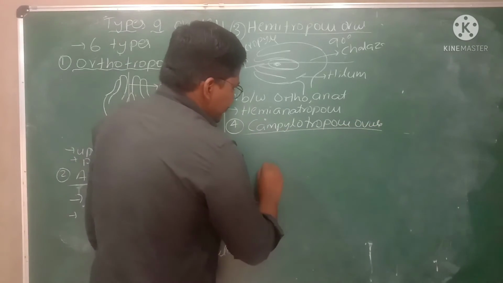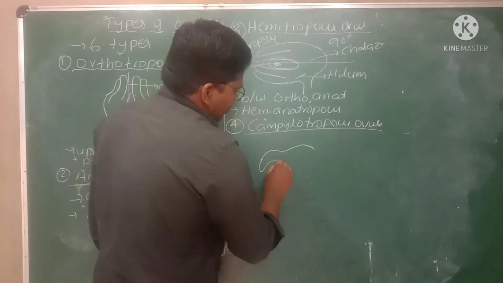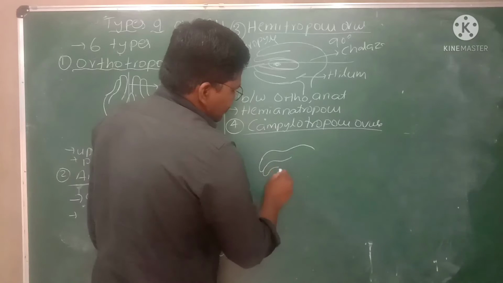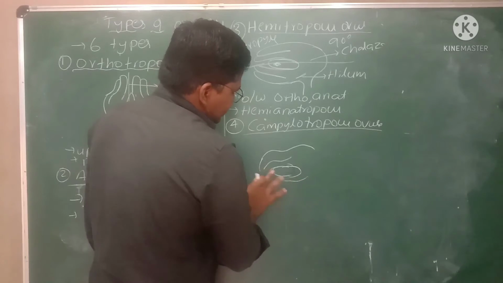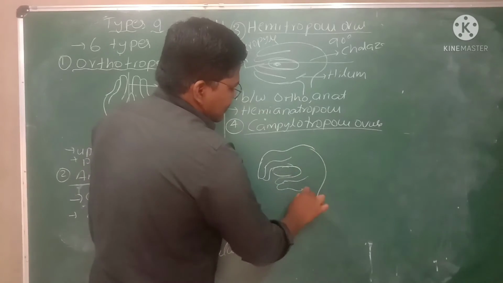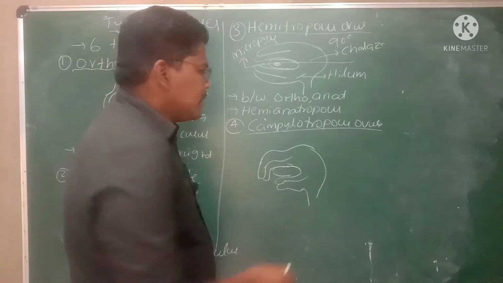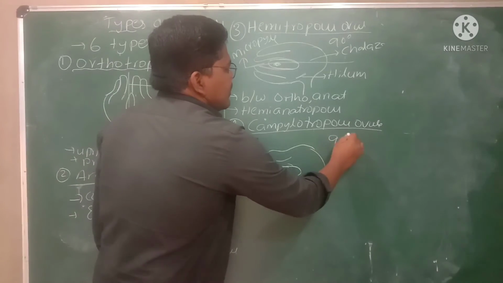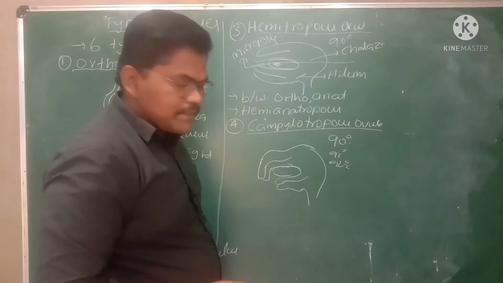In campylotropous ovule, the ovule also rotates 90 degrees, but not exactly 90 degrees. It may be slightly higher, 91 degrees, 92 degrees, like that.